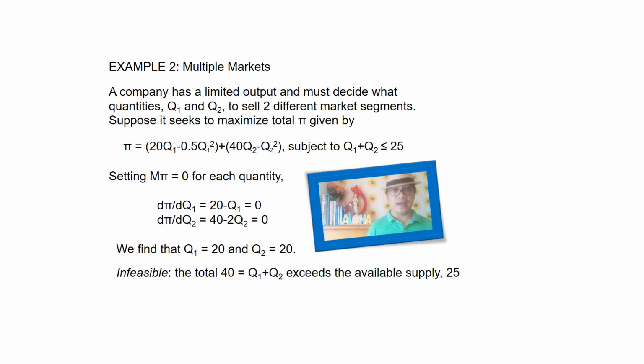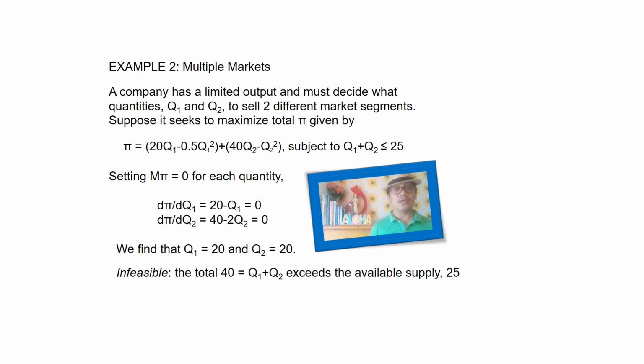Setting the marginal profit equal to 0 for each quantity, we have the derivative of the profit function with respect to q1 equals 20 minus q1 equals 0, and the derivative of the profit function with respect to q2 equals 40 minus 2q2 equals 0.